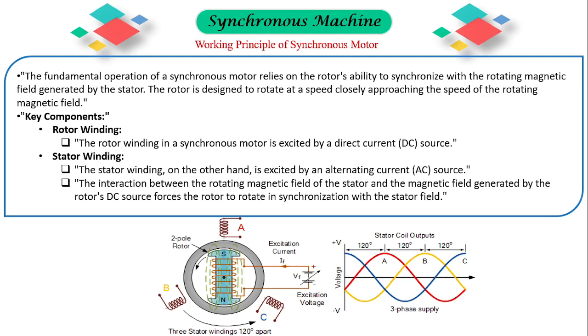The rotating magnetic field of the stator and the magnetic field generated by the rotor's DC source work together, compelling the rotor to rotate in perfect synchronization with the stator field. This precise coordination is what sets the synchronous motor apart in the world of electric motors, making it a valuable asset in various applications where synchrony is of paramount importance.